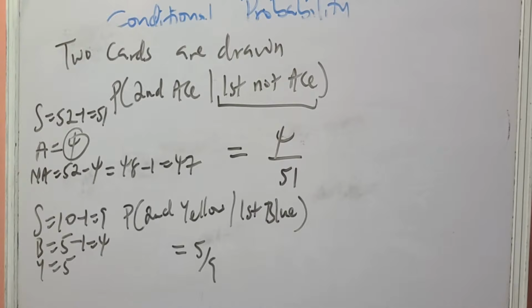A box contains 2 red, 3 blue, and 5 green balls. Now you have 3 different ball colors. Find the probability that the second is green, given that the first was red.